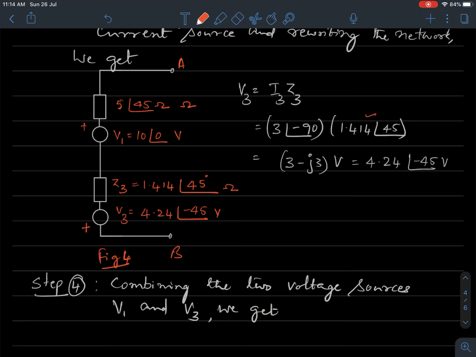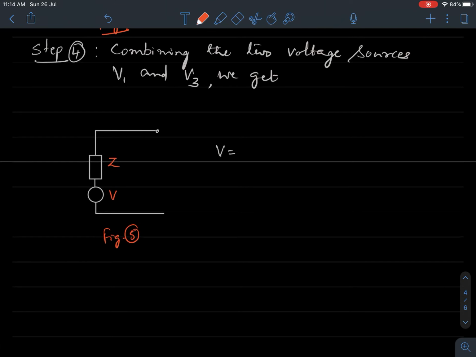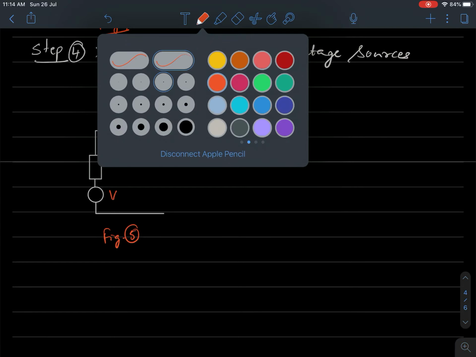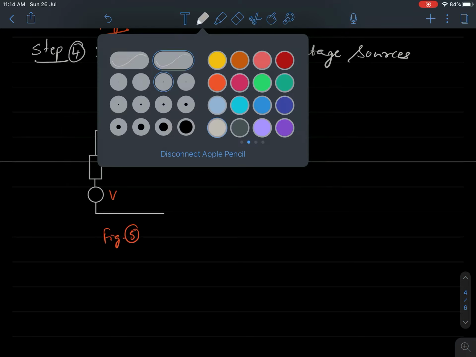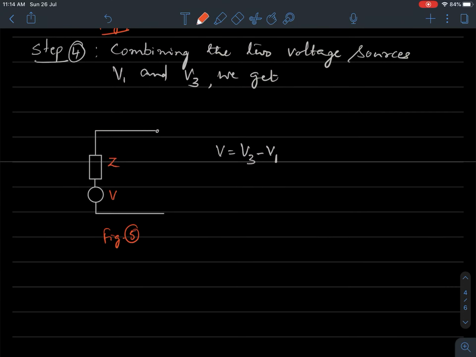That means gain in voltage. Negative to positive is gain in voltage. So if I go from B to A, I will have to compute V as equal to V3 minus V1, with the polarity of V3 being lower and positive. That is going to be V.